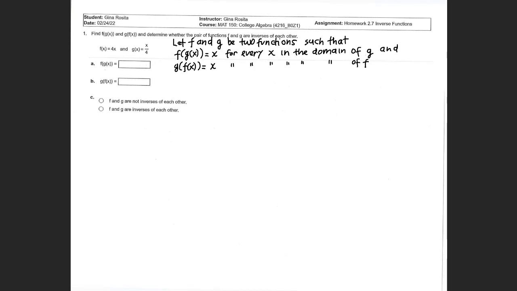Okay, the function g is the inverse of the function f, and denoted by f with the superscript -1, or we can read f inverse.